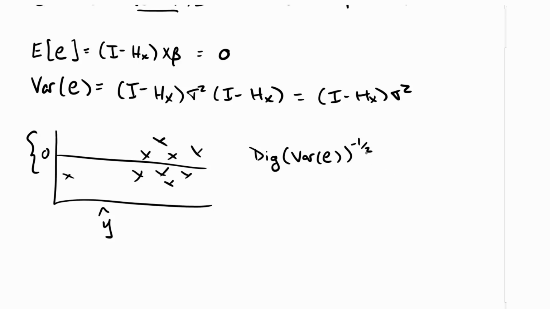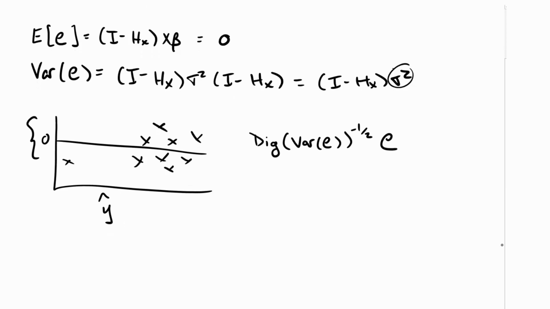I just mean the diagonal matrix that has the inverse of the standard deviations. If we multiplied that times our e, then we would have random variables that have unit variance, though of course we'd have to estimate sigma squared. So that is a nice way to do things, and of course it satisfies our criteria for creating a unit-free quantity.